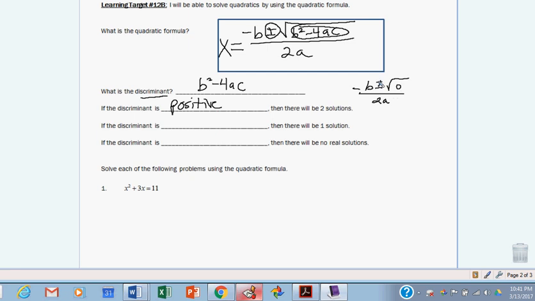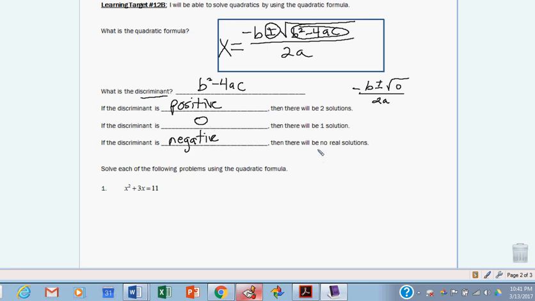So really when you add 0 or subtract 0, you're not getting a different situation. So if the discriminant ever comes out to 0, there's going to be 1 solution. And I hope you know by now that if you get a negative under a square root, we can't do that problem.